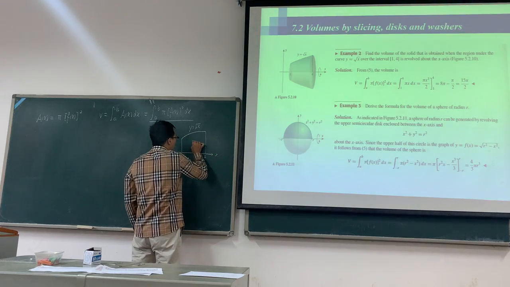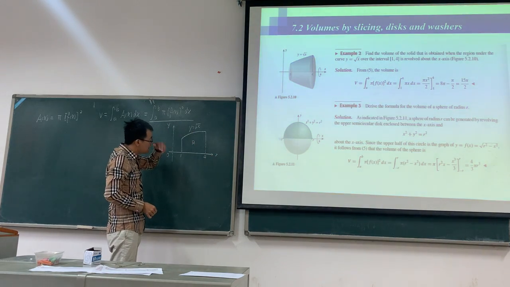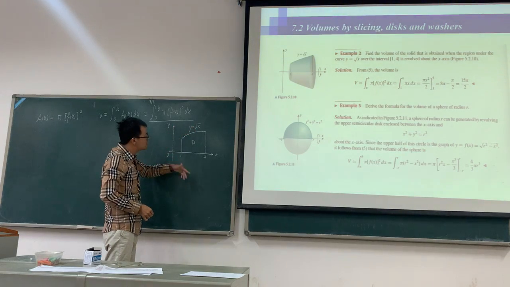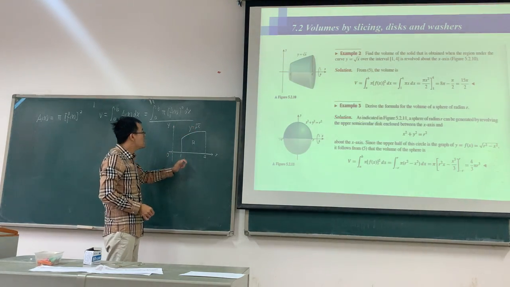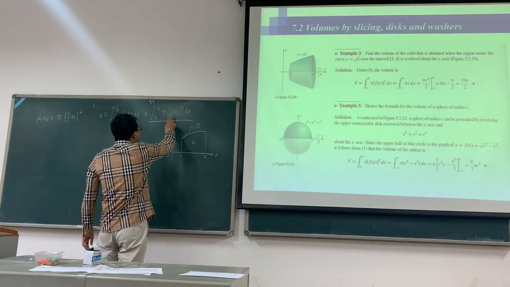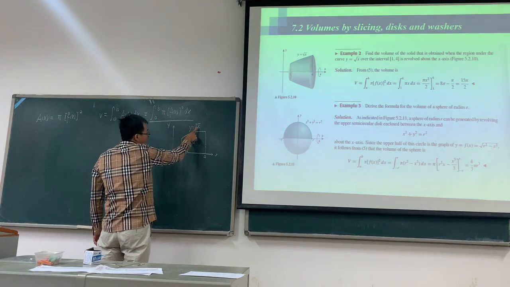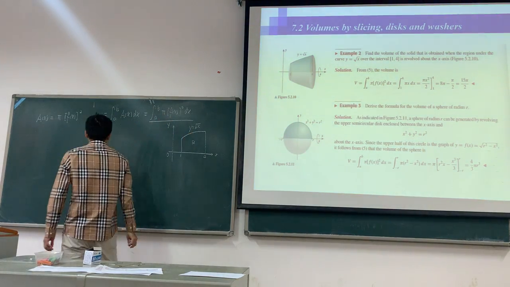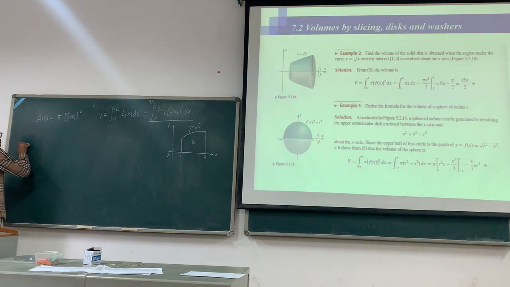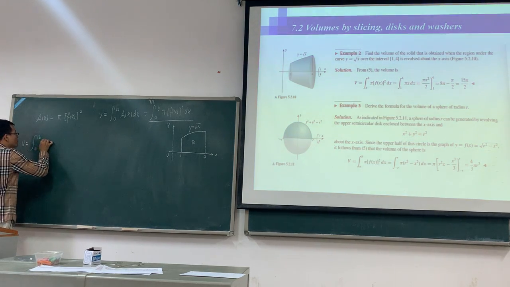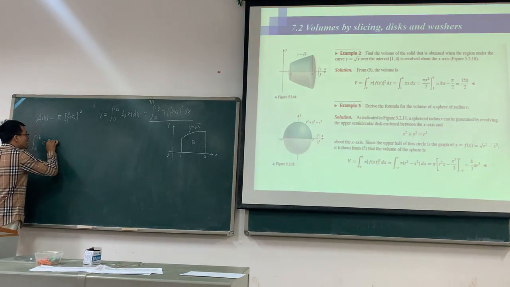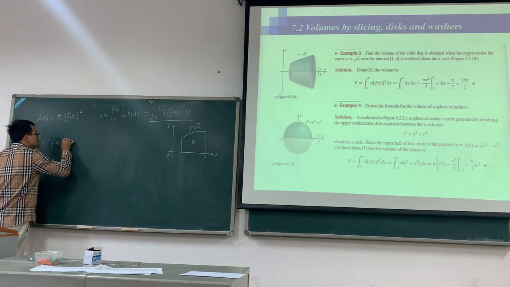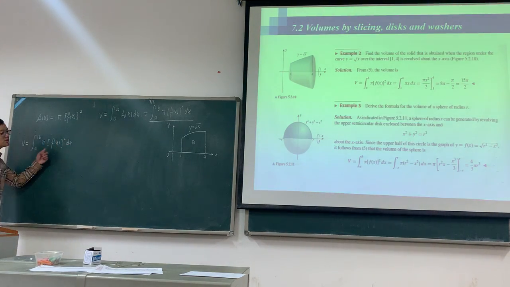So this region R is revolving around the x-axis. Here f(x) is the square root of x. So the volume equals the definite integral of pi f(x) squared dx.